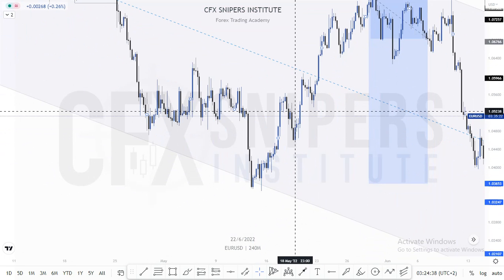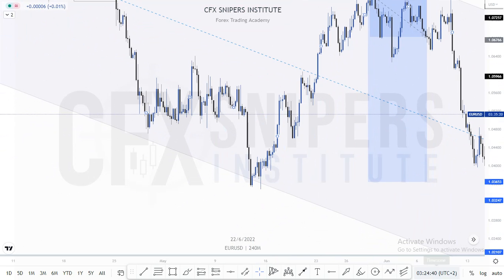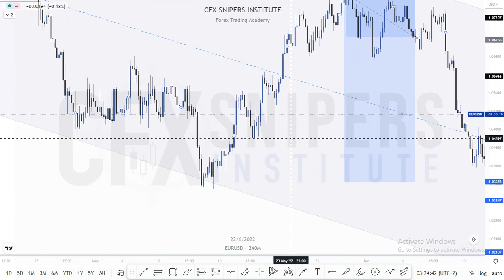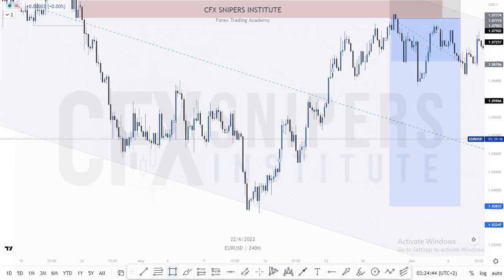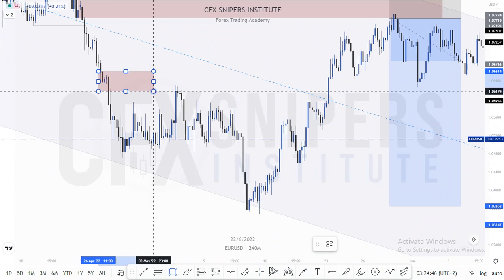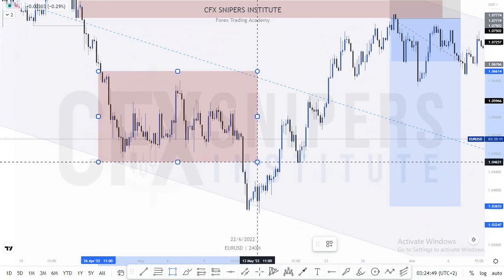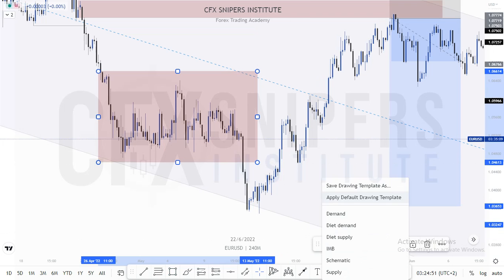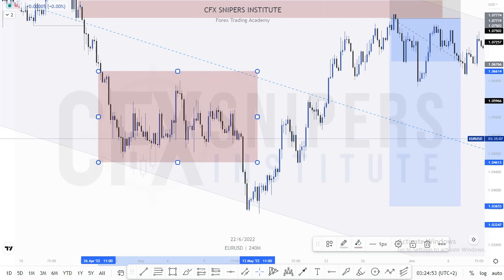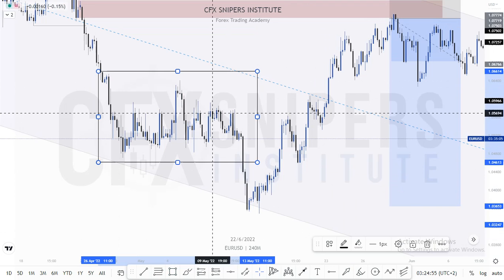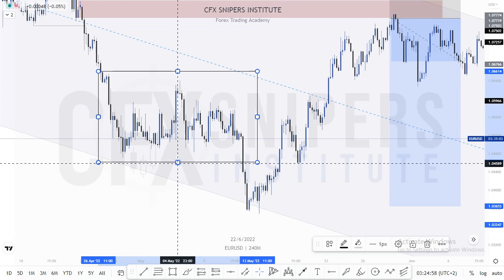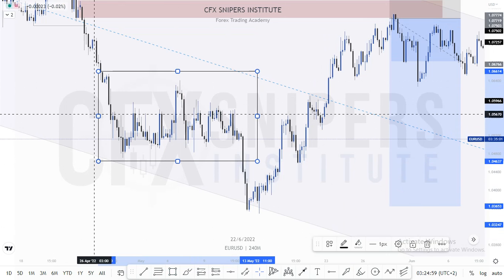So this is a very interesting type of range. This is a schematic. I'll get into schematics in the next videos.